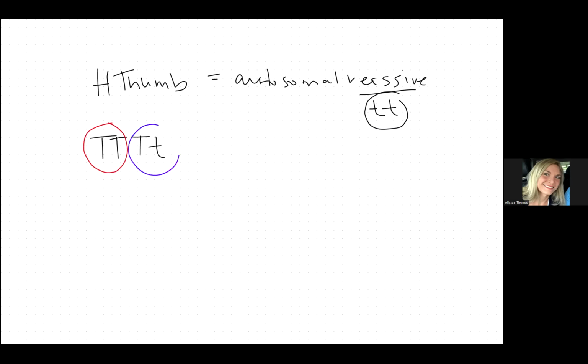Now it says construct a Punnett square to determine the probability of hitchhiker's thumb or no hitchhiker's thumb in the children of a heterozygous father and a homozygous recessive mother.